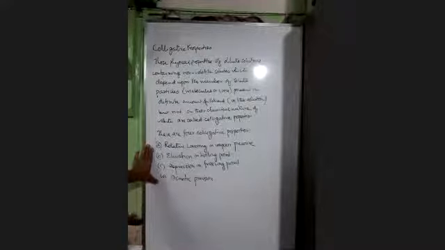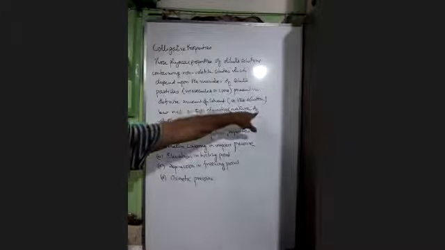So there are different types of physical properties shown by dilute solutions, even by concentrated ones. But it is found that these four properties which we have found do not depend upon the chemical nature of the solute, but depend upon the number of solute particles present in the solution.